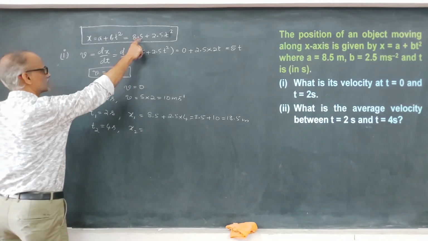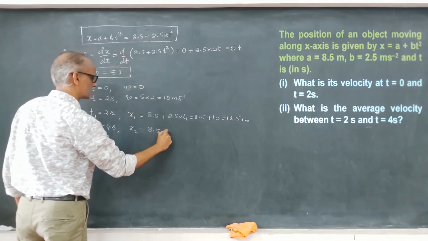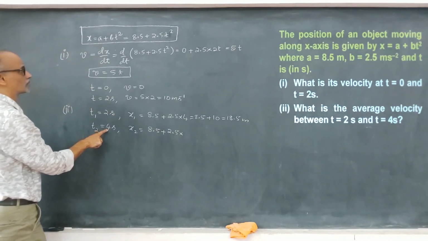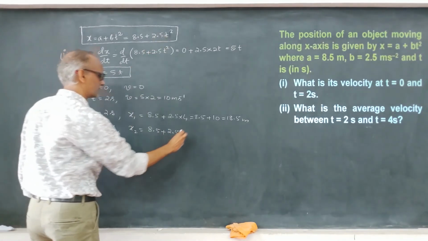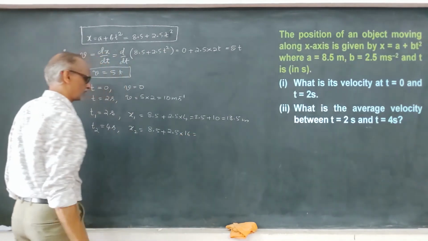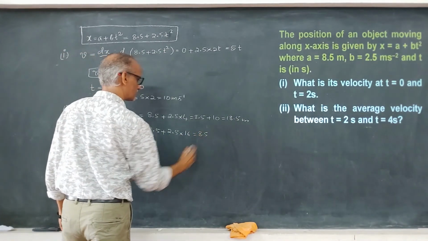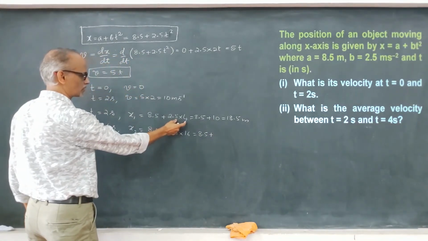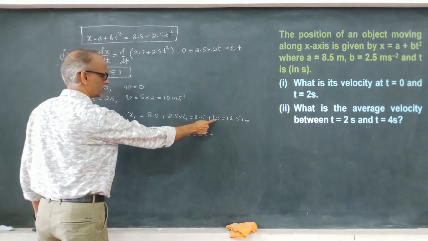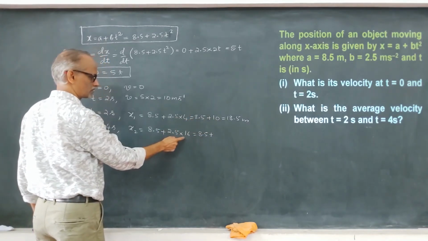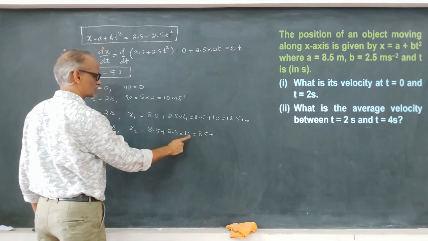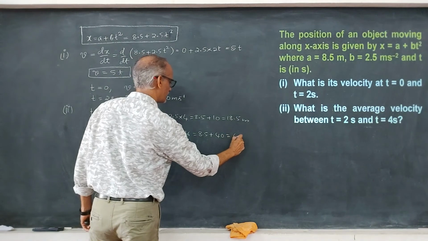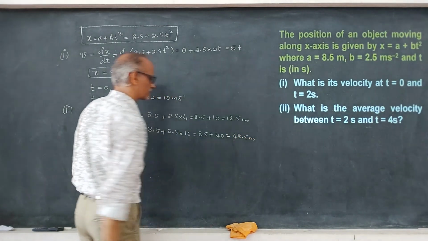Again, the same formula: 8.5 plus 2.5 into 4 square, which is 16. The product 16 into 2.5 is 40. 40 plus 8.5 is 48.5 meter.